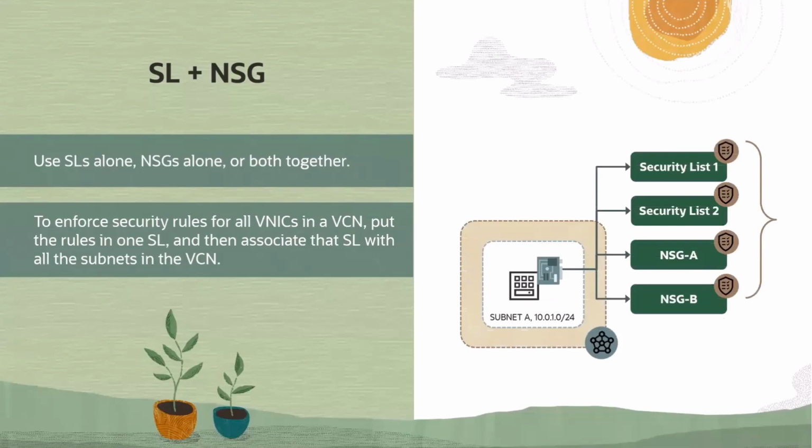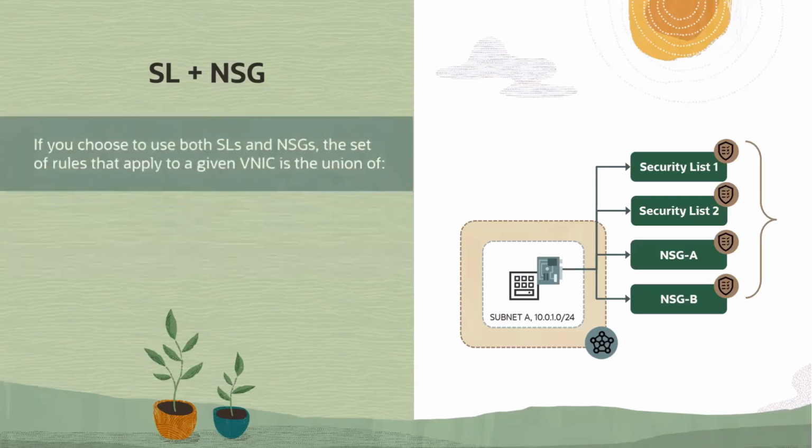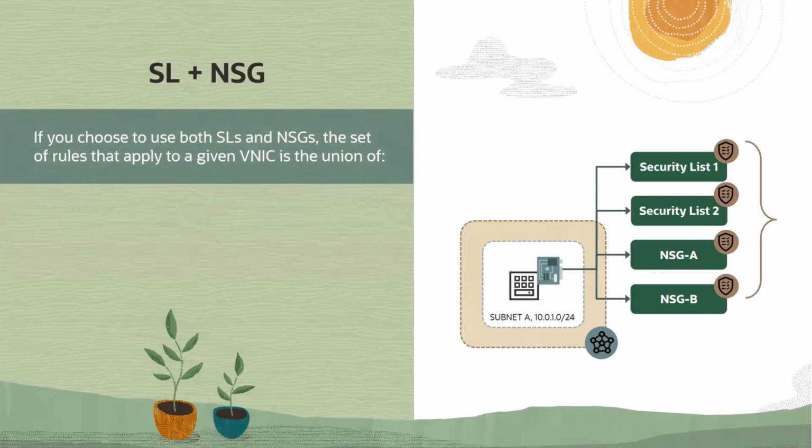So as you can see here, there is a subnet inside a VCN, and that subnet is associated with two security lists, security list 1 and security list 2. And the virtual NIC is also associated with NSG-A and NSG-B. Now, what happens if you apply multiple security lists or multiple NSGs to the same VNIC?